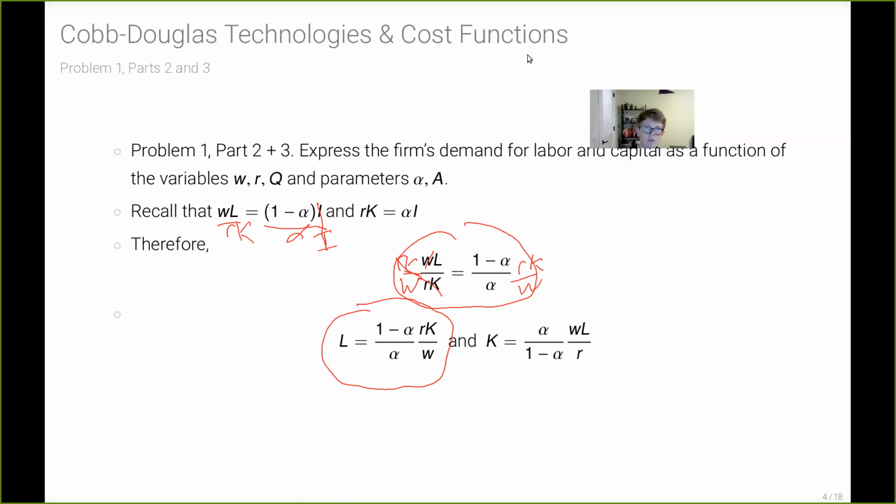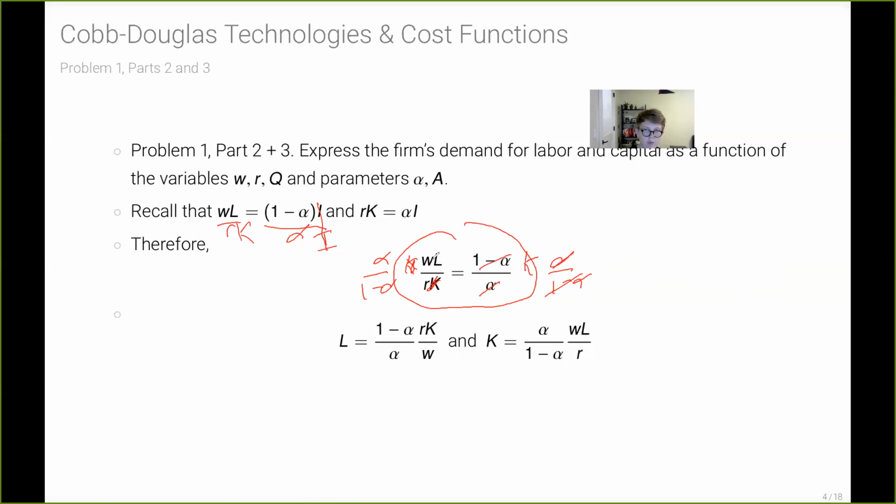If instead I want to solve for K by itself, then I just undo what I did right there. Instead, I'm just going to multiply by K on both sides. So I write a K here, and so that cancels out. And then I'm just going to multiply both sides by alpha over 1 minus alpha, so these cancel out here.